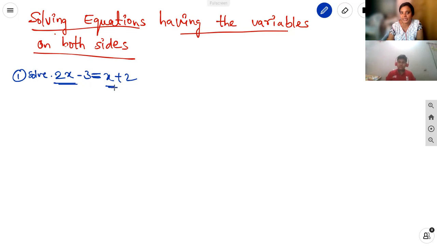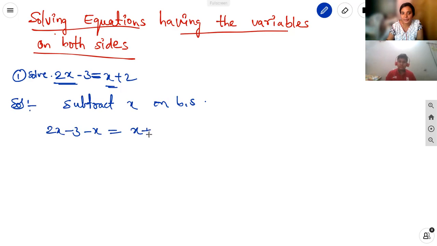Here on the right hand side plus x is there. In this case, we can subtract x on both sides. So 2x minus 3 minus x equal to x plus 2 minus x, that is equal to 2. Here 2x minus x means x minus 3 equal to 2.